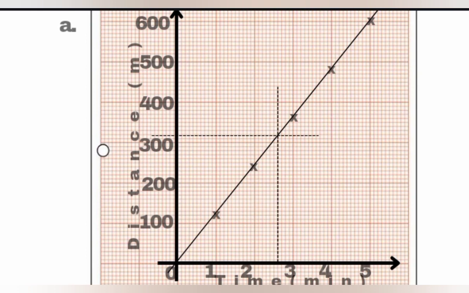So this is what we mean by extrapolation, using units from one axis, either the x or the y axis, to find the corresponding value on the other one by connecting them using broken lines to the straight line.